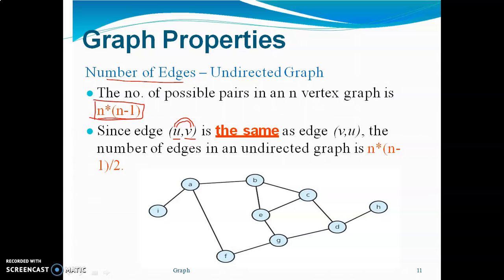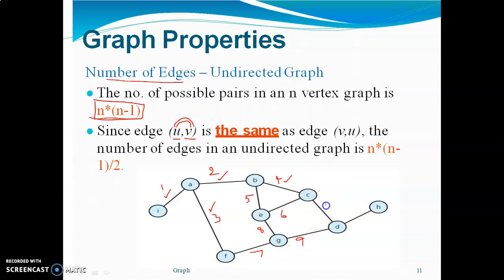So we can find the number of edges in undirected graphs as n into n minus 1 divided by 2. Here in the example graph, the edges are: A to B is the first edge, A to F another edge, B to C another edge, and B to E another edge. E to C is another edge, F to G another edge, E to G another edge, and G to D one edge.